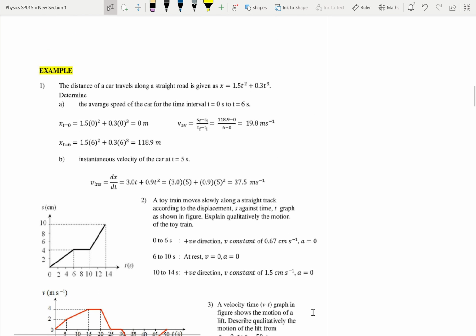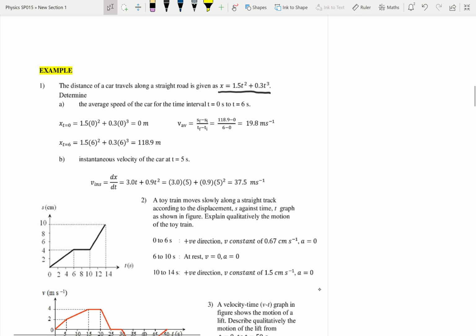Okay, so this is the example, one of the questions. The distance of a car travelling along a straight road is given as x equals 1.5 t squared plus 0.3 t cubed.